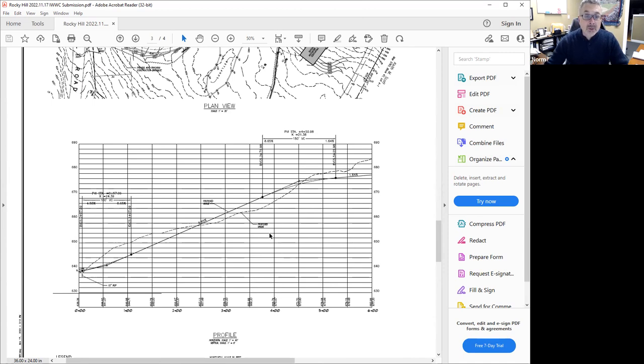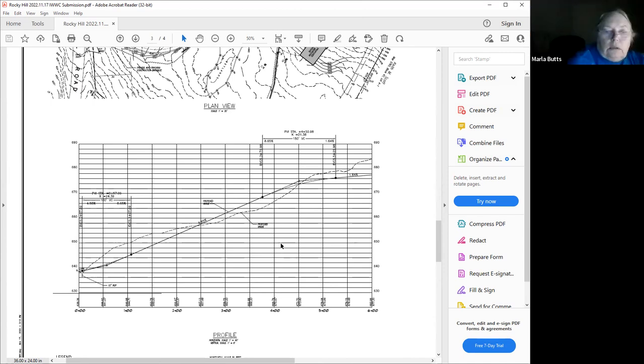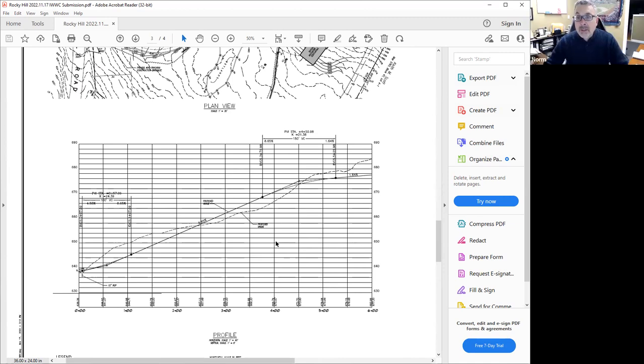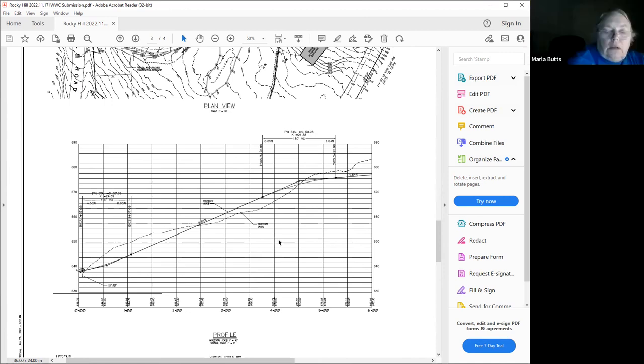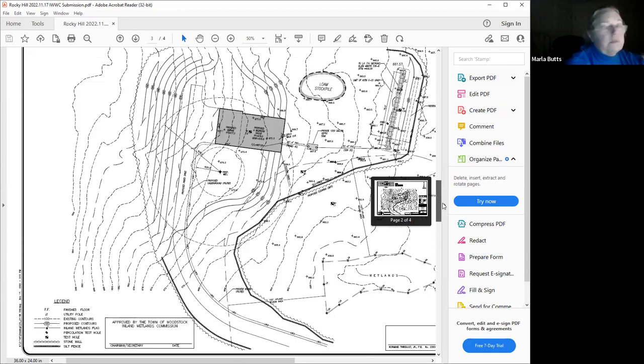How long is that sloped driveway? It's about 600 feet. Okay, and given that length, are they planning to do any pull-offs? So if somebody's coming up the driveway and somebody else is coming down, do they have an ability to pull off? Would they need to include something like that?